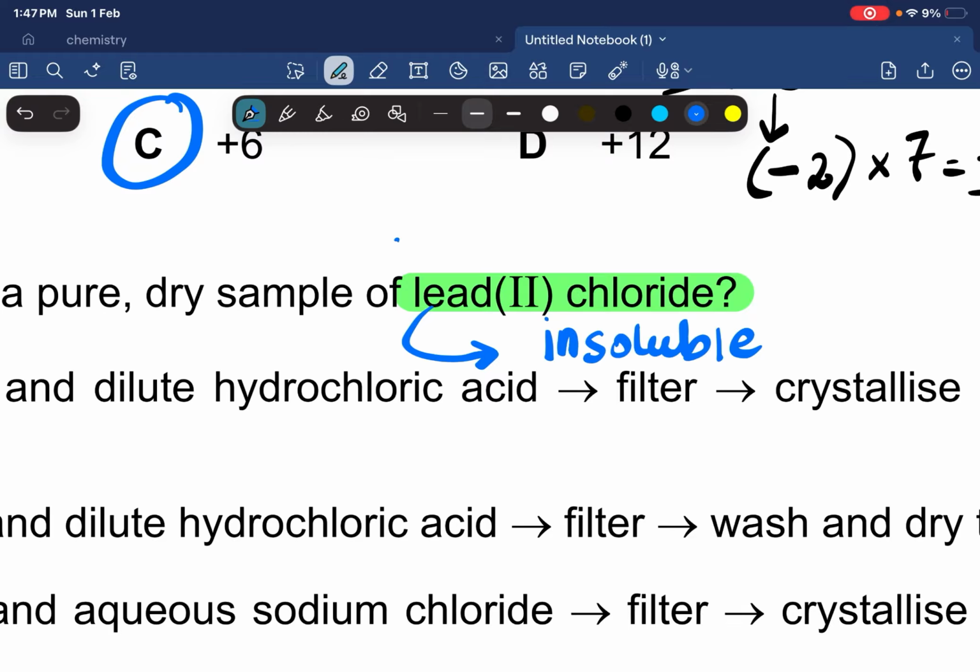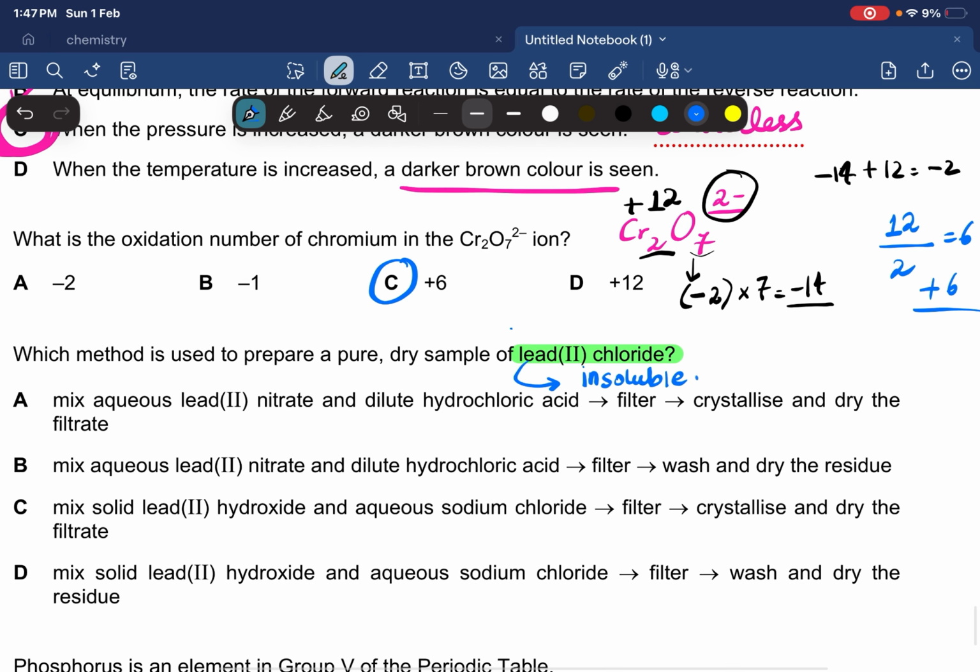Calcium sulfate and lead sulfate are insoluble, and lead chloride and silver chloride are insoluble. So this is insoluble. And when we have an insoluble salt, we prepare it by the method of precipitation. So we gotta do precipitation here.